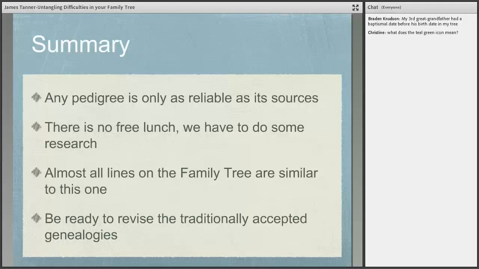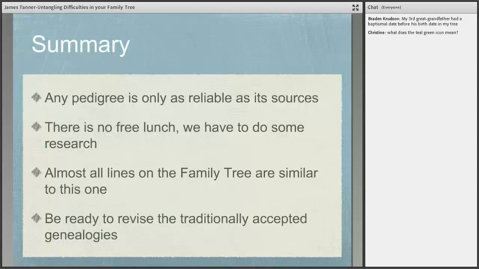So there may be somebody out there that has done such a fabulous job of slowly creating their tree and slowly aggregating people that what they do have is very reliable and very helpful. If that's the case, that's great. But my experience is that those people are pretty few and far between.